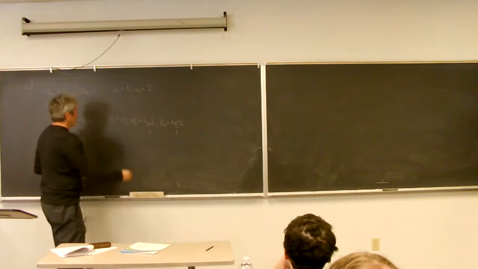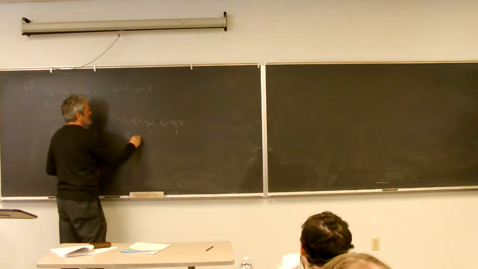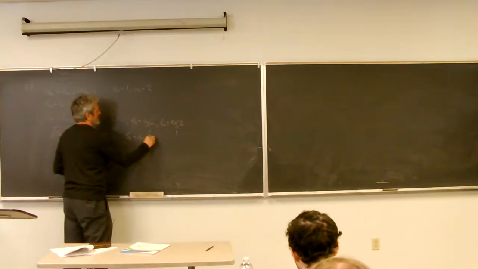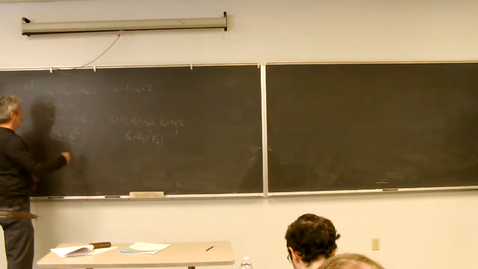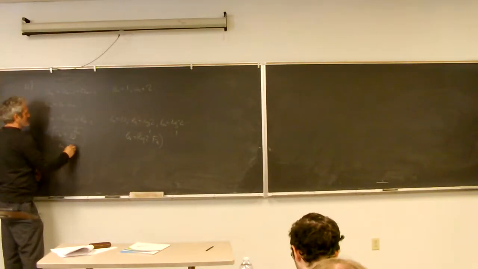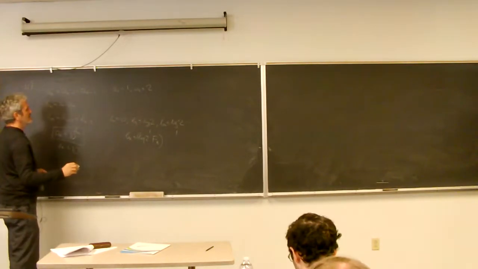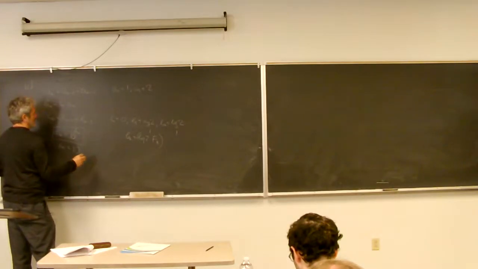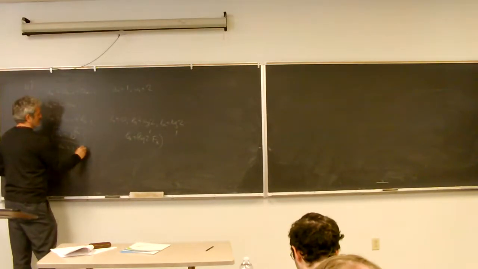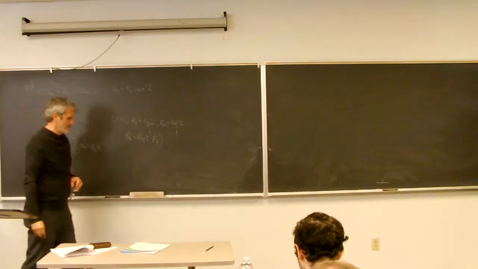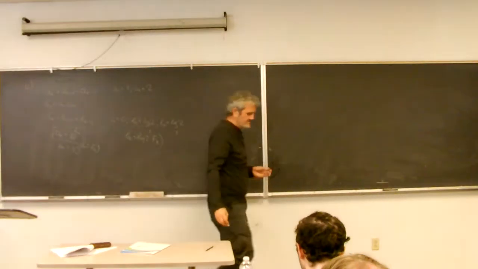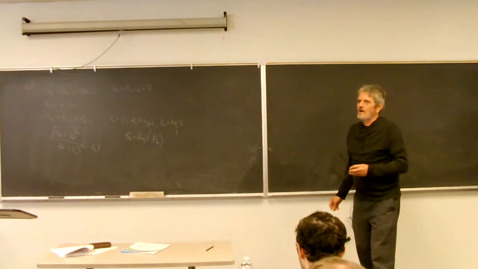So generally you can say that b_k is log 2 times the Fibonacci sequence for k. And then a_k is 10 to the log 2 times the Fibonacci sequence for k. So that's the answer. Next question.